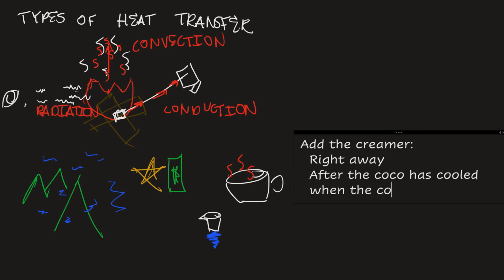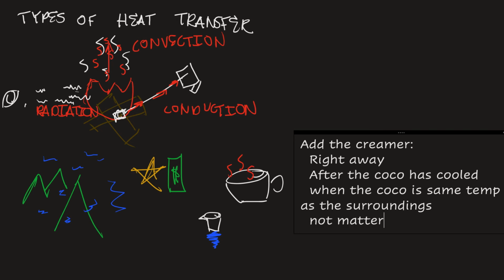When the cocoa is completely cold, so same temperature as the surroundings, does it not matter? And this is just a stupid question. Or do you not care because you don't like hot cocoa?